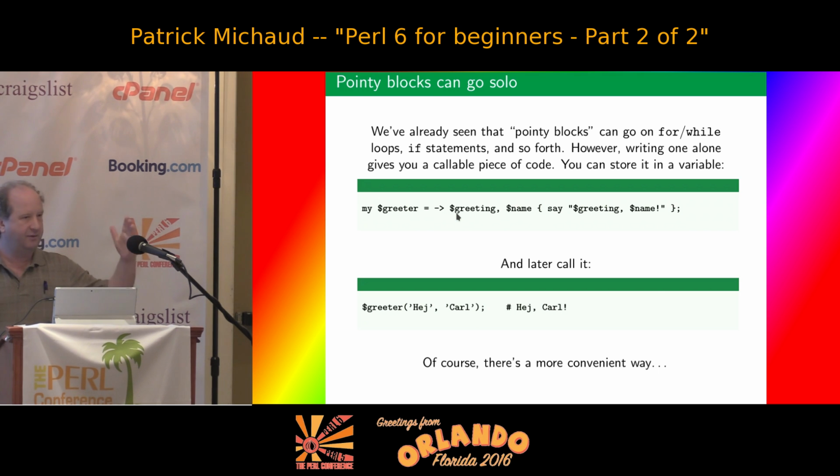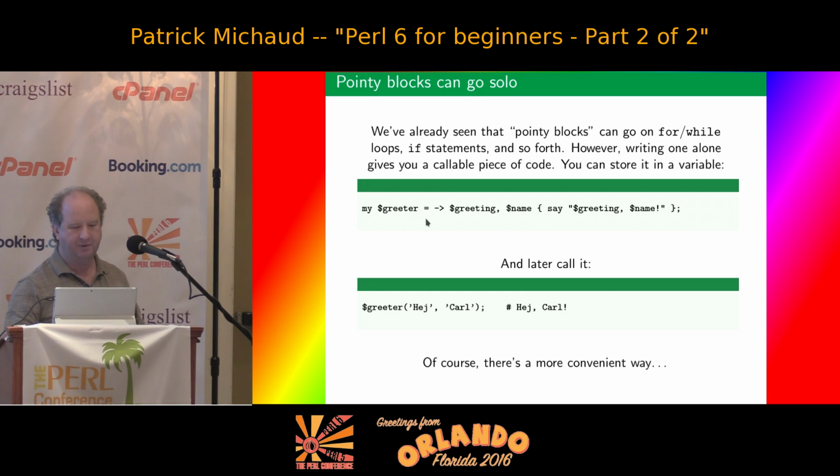If you do that, you get a callable piece of code, but that callable piece of code has parameters. So you're saying, I want to have a code block, but I want it to have these two parameters. And so when it's called, it expects to have that number of arguments that go into the block, and then it will assign them or bind them into the parameters.